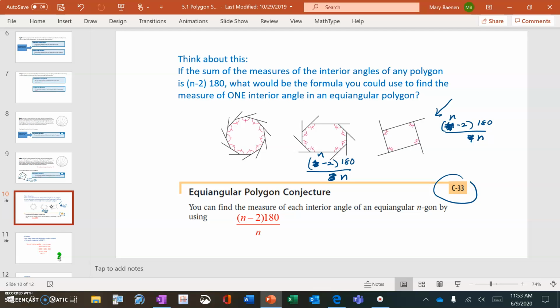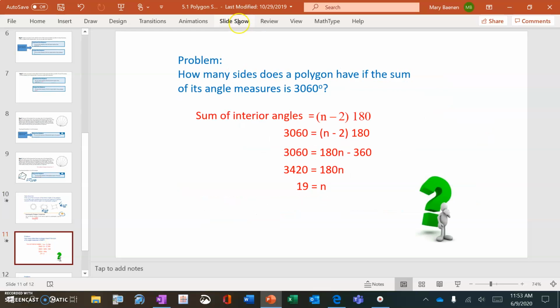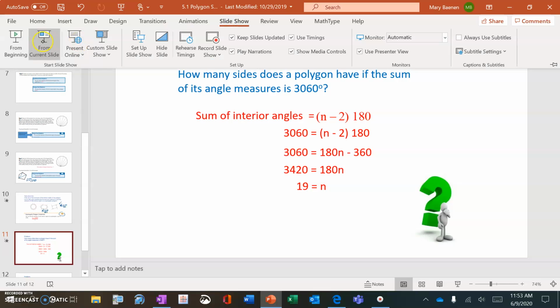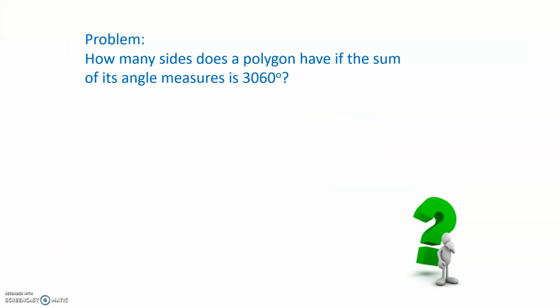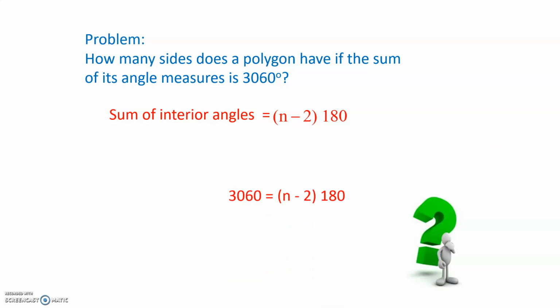Now I have just 2 examples. So if I go here, it says how many sides does a polygon have if the sum of its angle measures is 3060. So the sum of the interior angles is n minus 2 times 180. So that's what our conjecture was. They tell me the sum of those interior angles, so I substitute this sum of the interior angles with 3060.